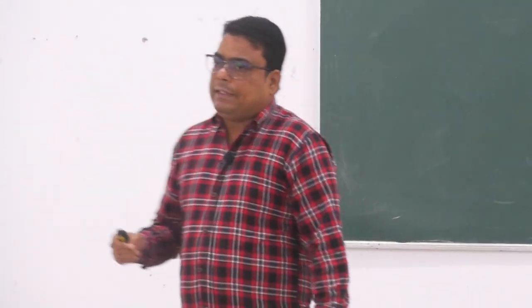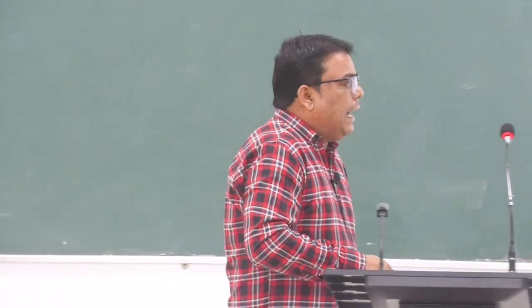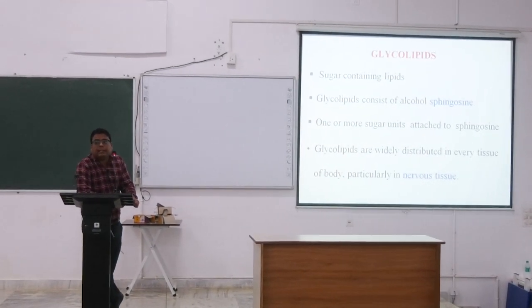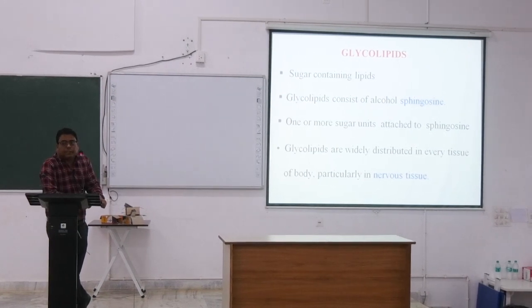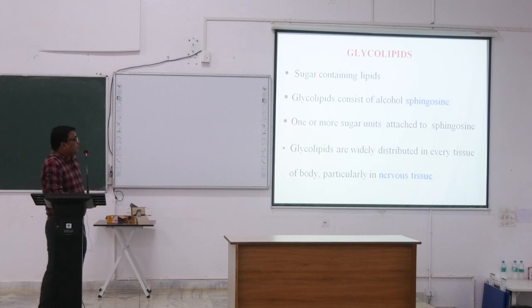It gets subdivided into glucosides and gangliosides. Okay? And majorly, such kinds of lipids are present in the nervous tissues. The site of presence of these lipid fractions will be the nervous tissues.